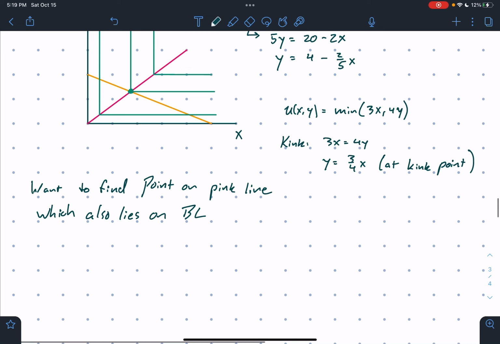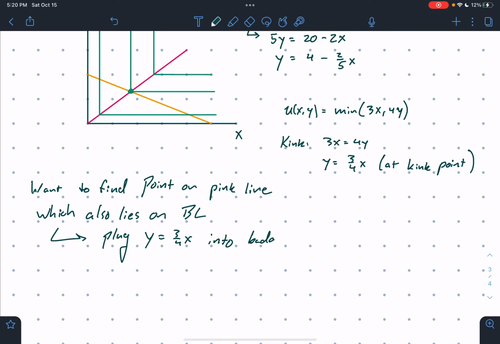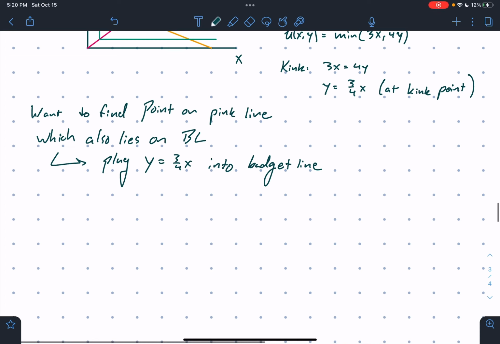So that means mathematically we plug y is equal to 3/4 x into the budget line. So we say px times x plus py times 3/4 x is equal to m.